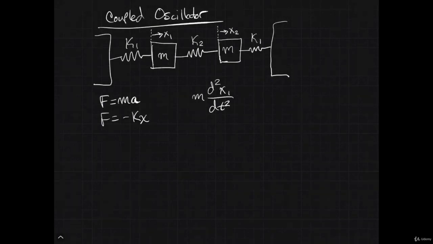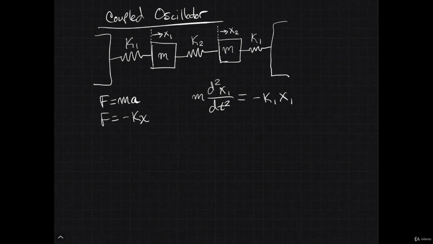So if I displace this mass by any value of x1, what is going to be the restoring force due to the springs on the left and the right? The answer to that is effectively minus k1 x1. This is the restoring force on this mass due to this spring here.